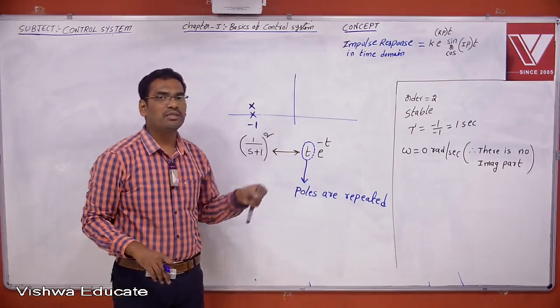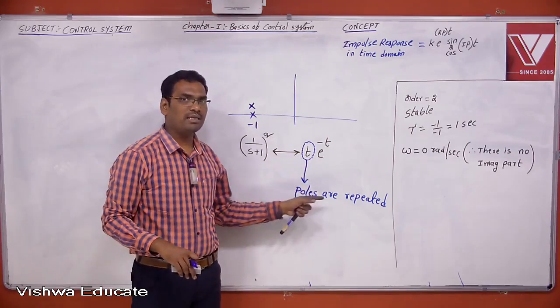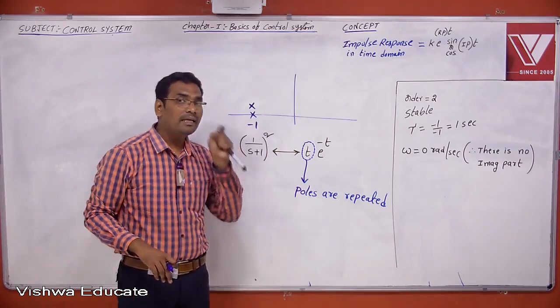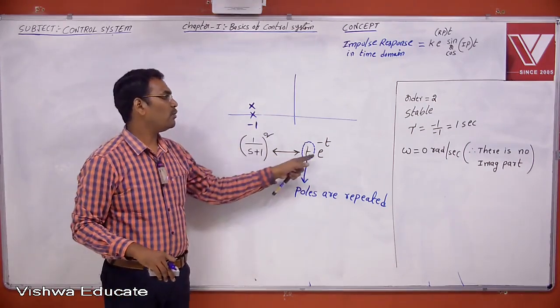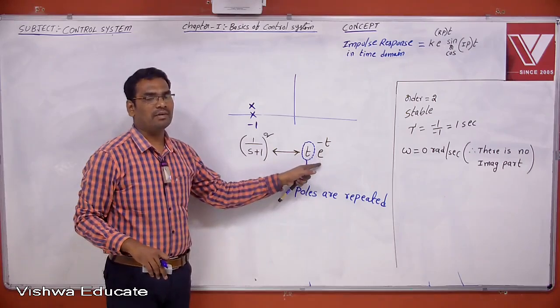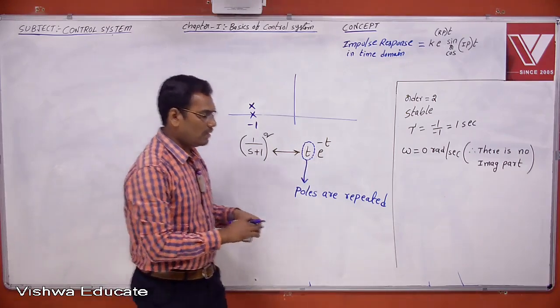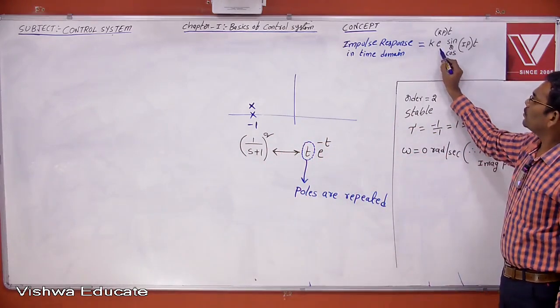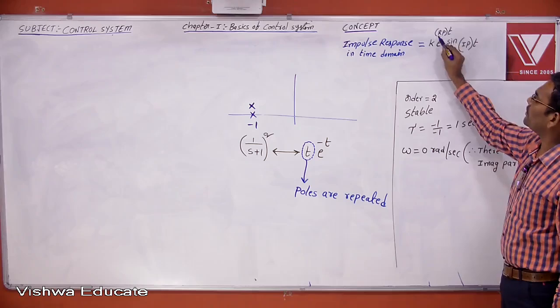Now the question is, sir, okay, t means poles are repeated, but where are they repeated, in which axis or plane? That you can decide from the next term. What is the next term? Exponential, that's what I have been saying from the first time. Remember this: e power real part.